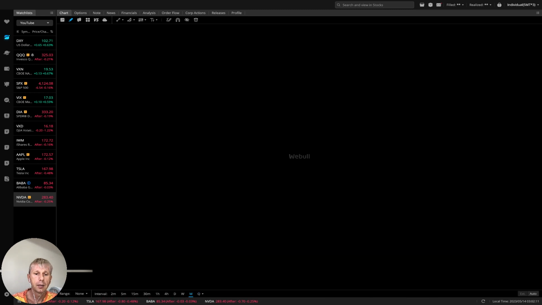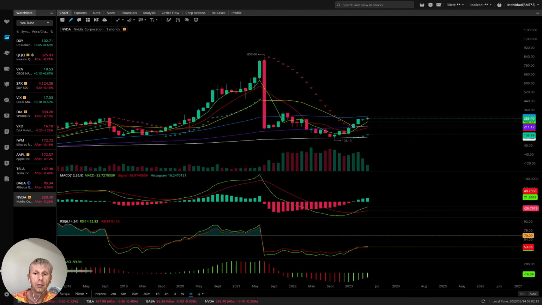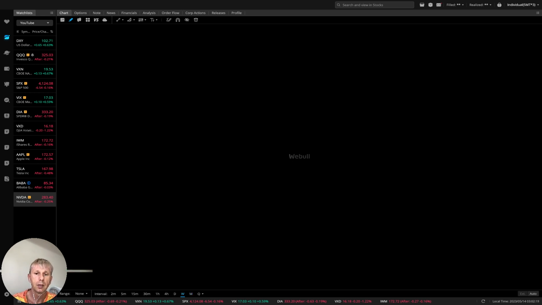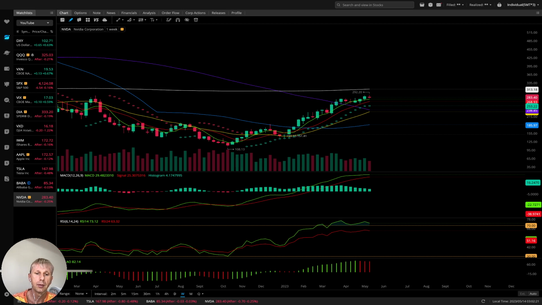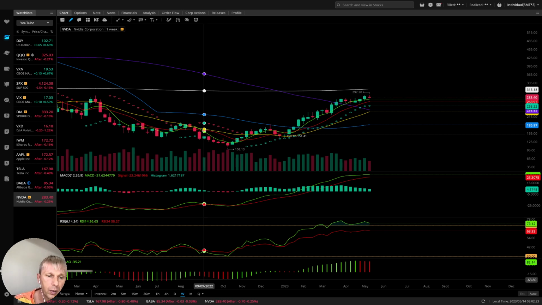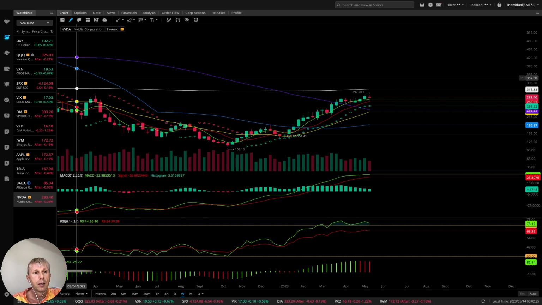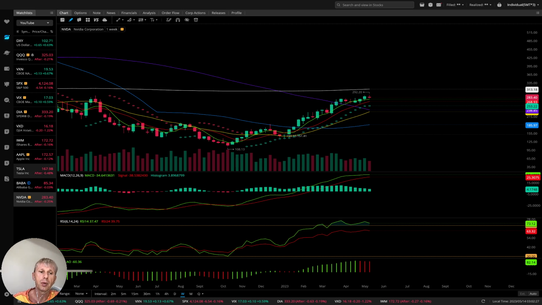Okay, monthly Nvidia bullish on all indicators. Weekly Nvidia bullish on all indicators also. Nvidia very positive, very bullish. Same as the large companies, large corporations, they're bullish, that's why they're pushing Qs up.